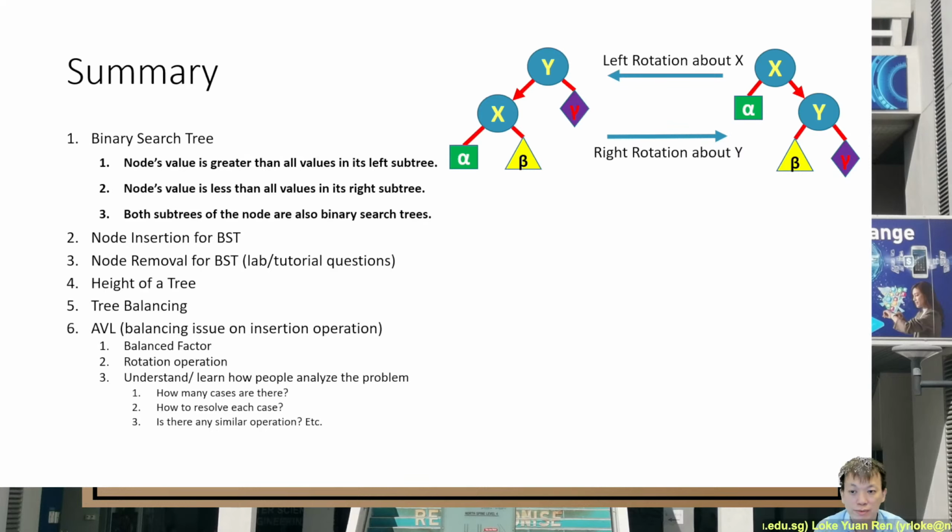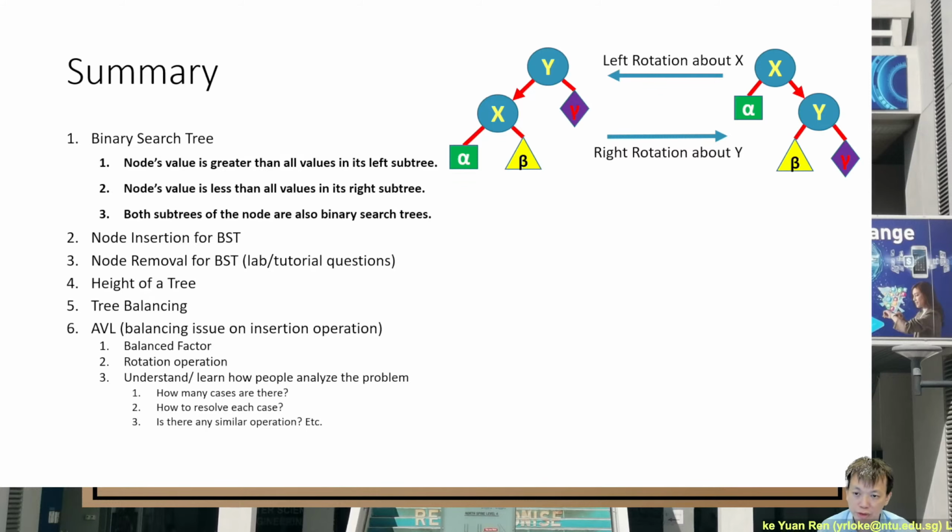So in the binary search tree, we have given you the definition. A node's value is greater than all values in its left subtree, and the node's value must be less than all values in its right subtree. And both subtrees of the node are also binary search trees. That is the definition.